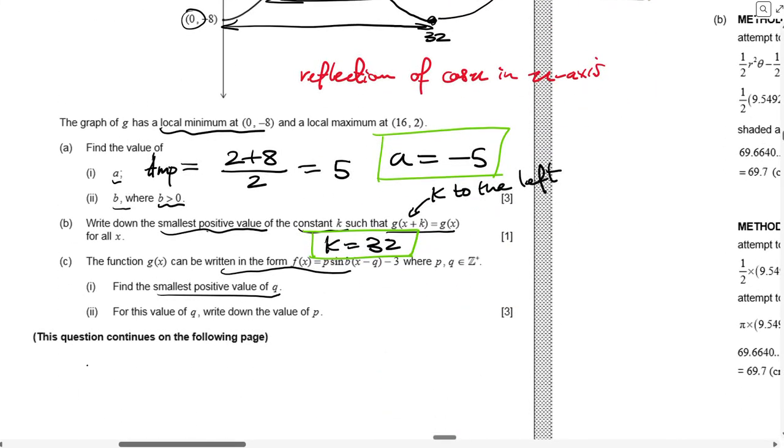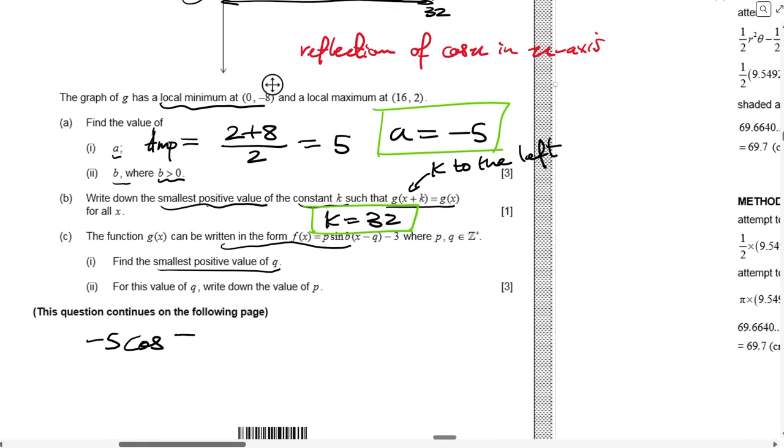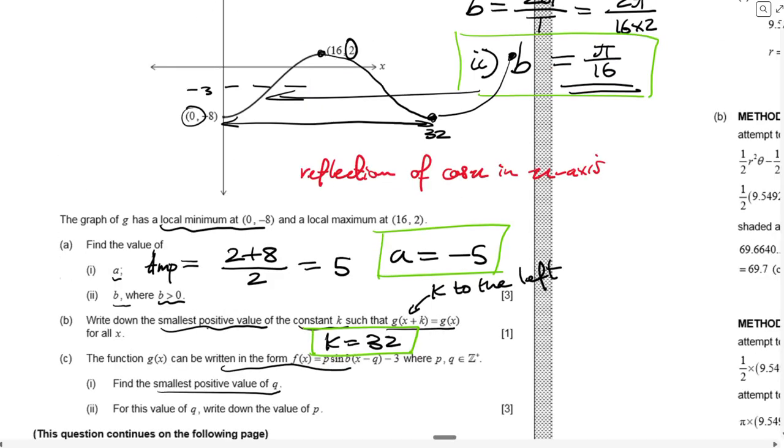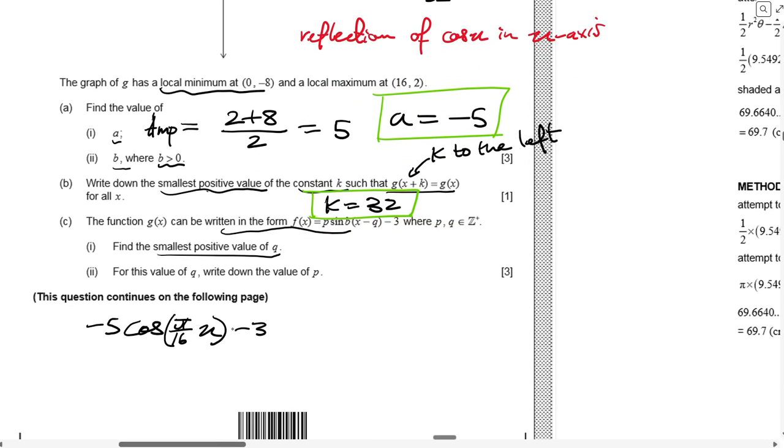So the a we found was -5 cos(pi over 16 x) minus 3, and that is equal to p sine. b is the exact same, so pi over 16 x minus q, minus 3.